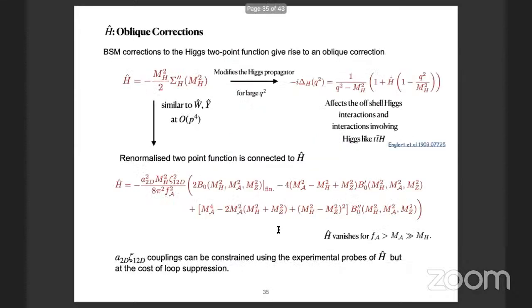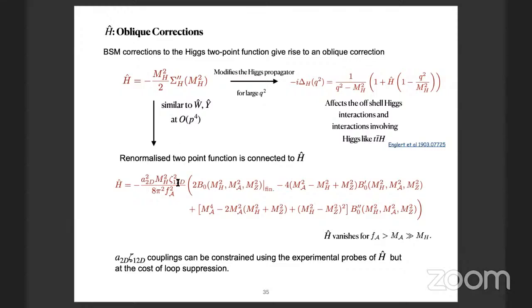Now, the important thing is that any corrections to the Higgs two-point function usually can be given using this H hat parameter, which is nothing but like the STU parameters, only at the order of p^4 in the expansion. Experimentally, the constraints on this H hat parameter are available, and this H hat parameter can be correlated, or written in terms of, the double derivative of the signal strength.